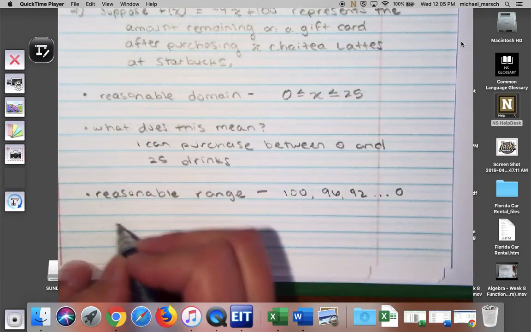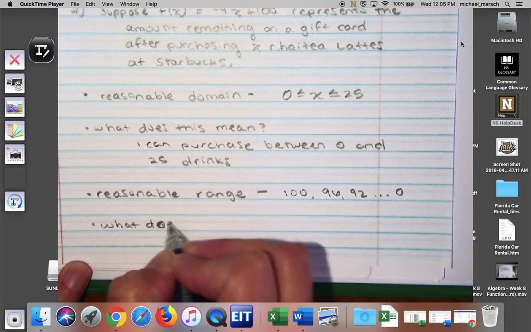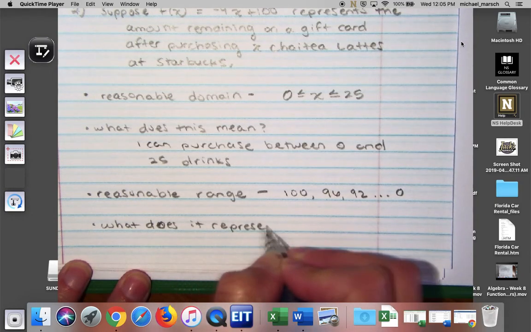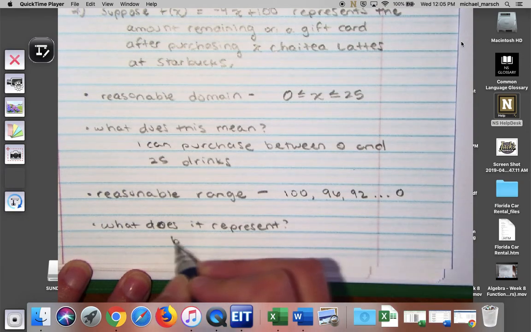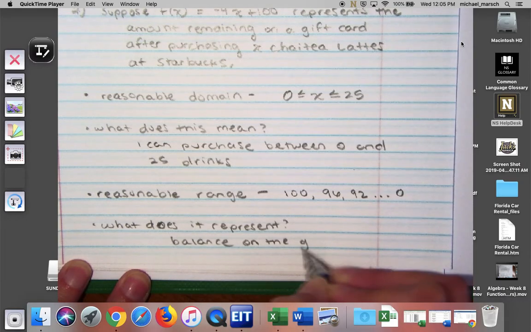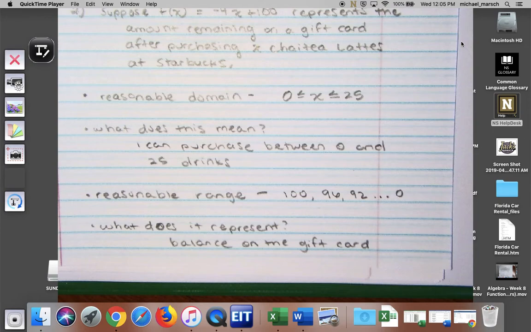So what does this represent? And Ben put it perfectly. The balance on the card. You guys understand that word balance, right? The leftovers. Okay.